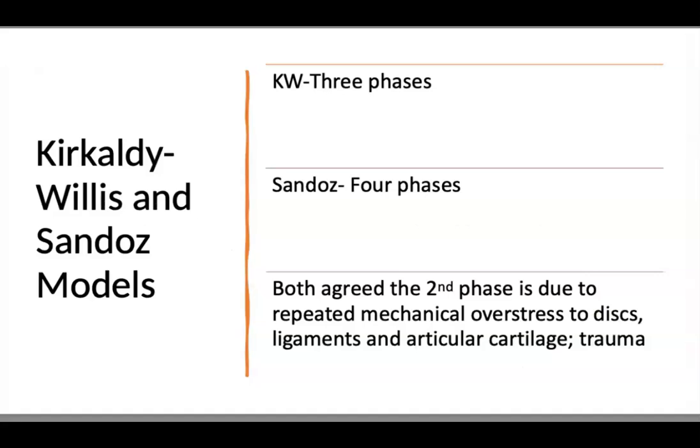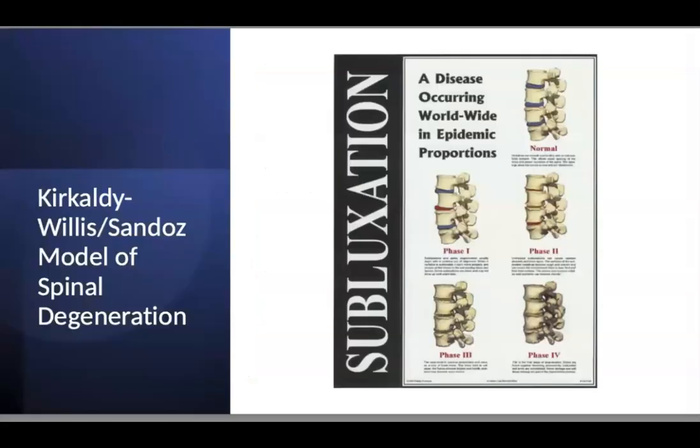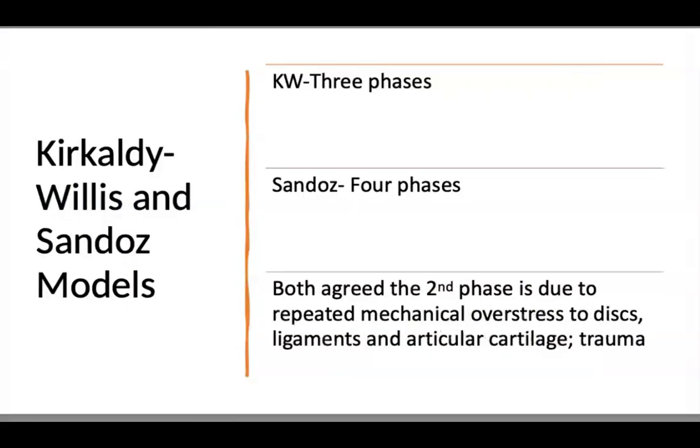We mentioned these phases of our Kirkcaldy-Willis levels of degeneration. It particularly has those 3 phases, but our Sandoz model has 4. We're not going to go over them in too much detail. But both of these models agree that that second phase is due to repetitive mechanical overstress to the discs and the surrounding structures.